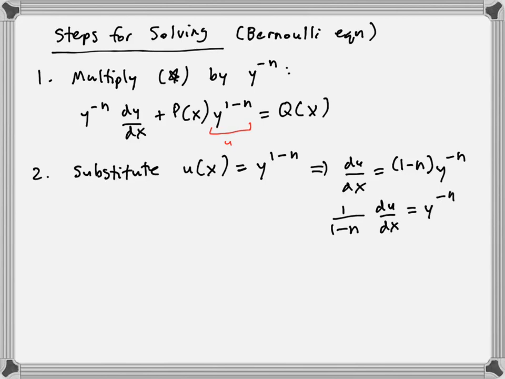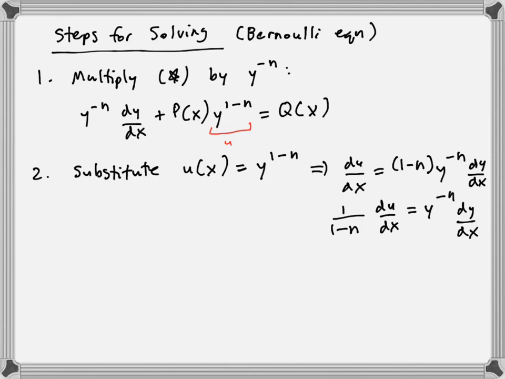Oh, I forgot something here because we had to differentiate the right side as well. So there's still a dy dx here, when you take the derivative of that. And so this is what we get.